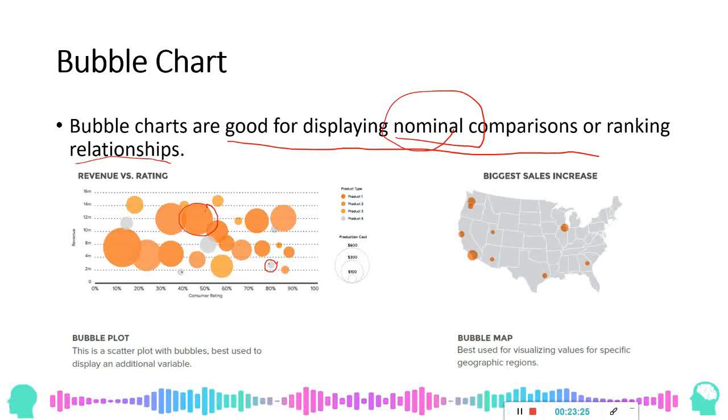Its revenue is 2mm for product family 4, with a production cost of 100. The consumer rating is about 40%, when plotted against revenue of about 2 million. Now for product 4, the big size, what size is that? Maybe 300, I think.